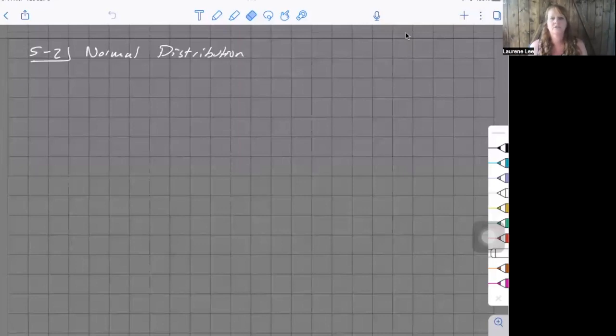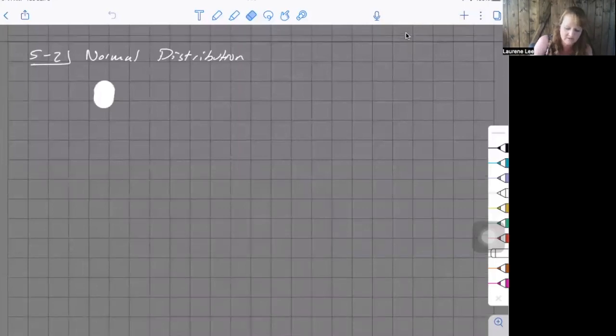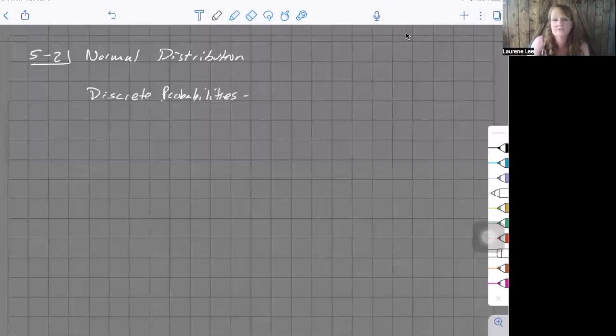In chapter 2, we calculated probabilities that are called discrete probabilities, when we were doing our frequency distributions and histograms. Discrete probabilities can be counted. That's how we define them.